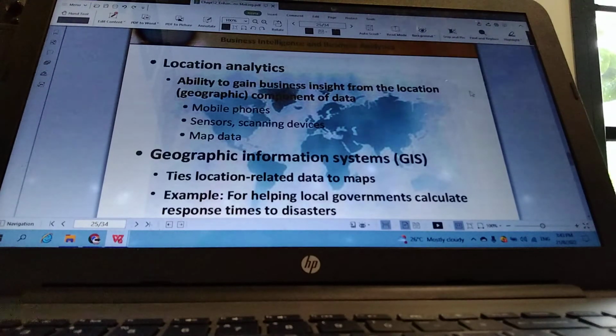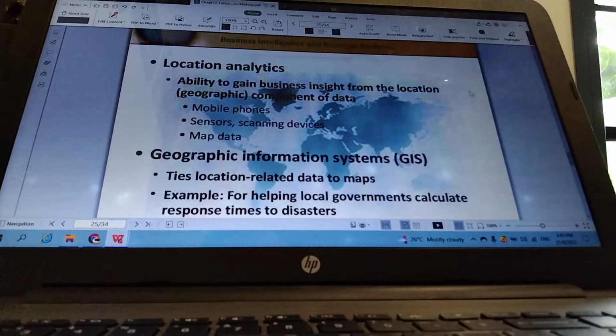Still related to the business intelligence and business analytics topic, the features of location analytics, which are able to gain business insight from the location, the geographic component of data.